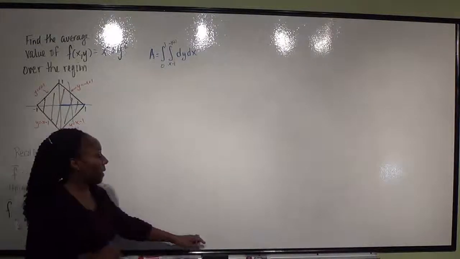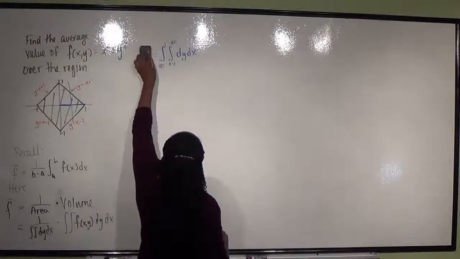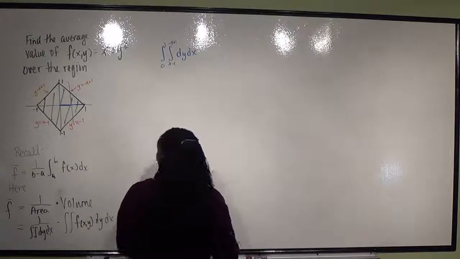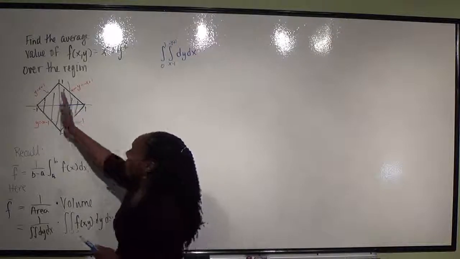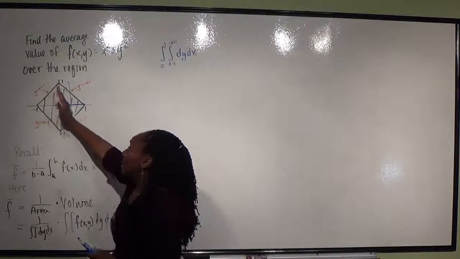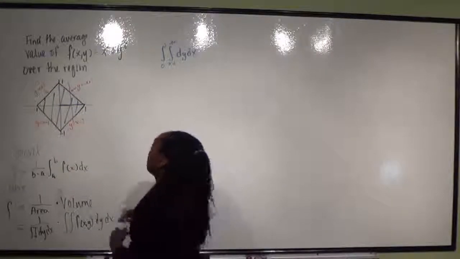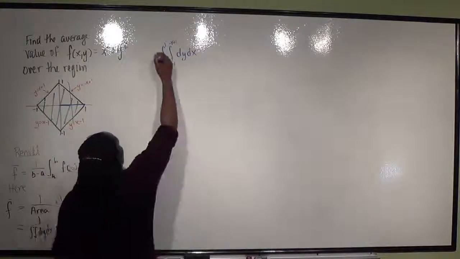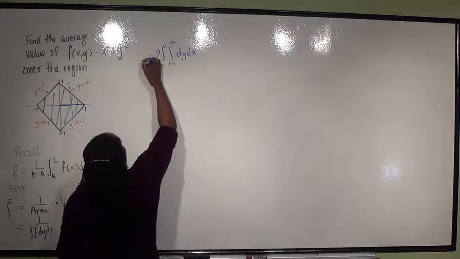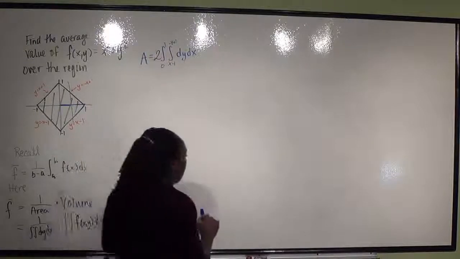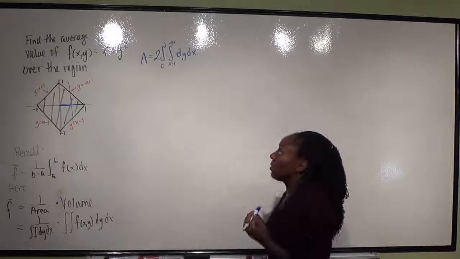Now we're not quite done, because that doesn't quite cover the entire region. That's only going to cover from the y-axis over to that point. So again, using symmetry, I know that my area is going to be twice that. Okay? I have two of those regions.